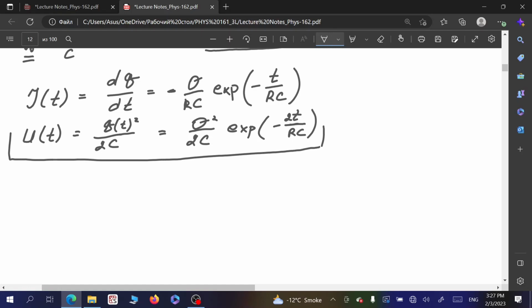So now let us consider what is the power which is dissipated over load resistor. So how do we write power as a function of current and resistance?